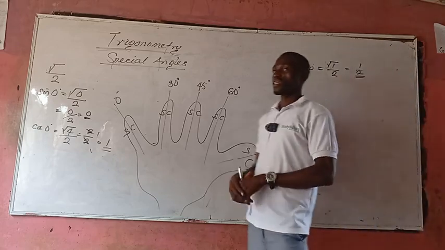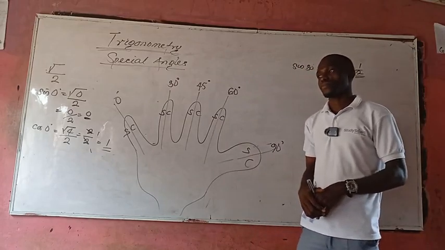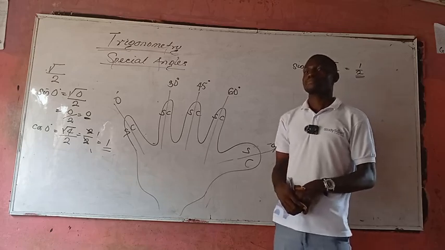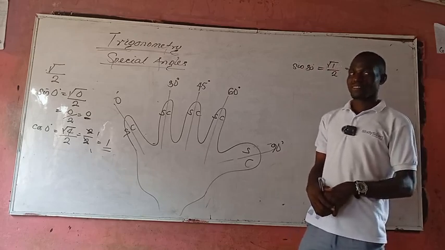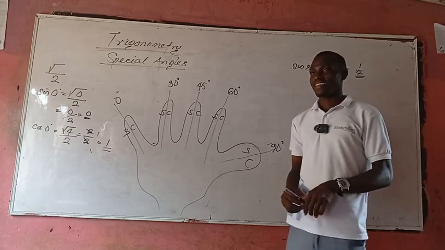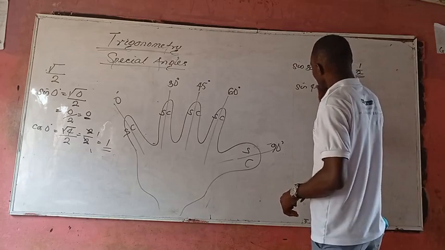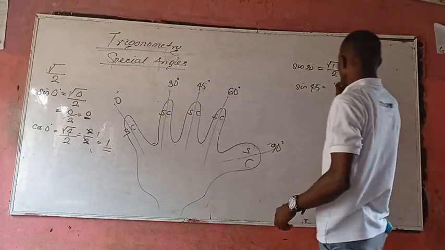Fastest finger, give me sine 45. Sine 45: the sine is on this side. How many fingers? 2.